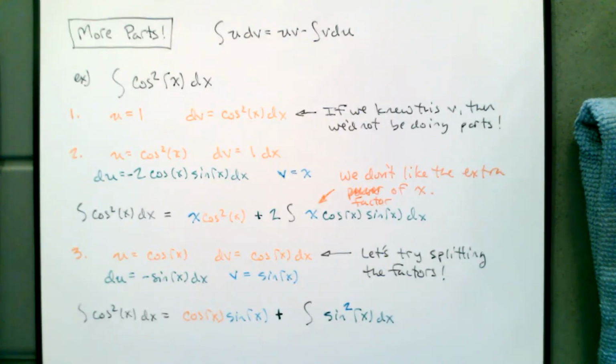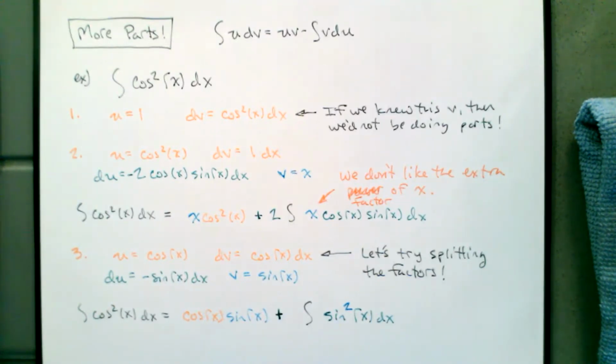We had the 2 previous attempts on cosine squared where u is equal to 1 and dv is cosine squared. That wouldn't work because we don't know the integral of cosine squared. We tried switching u as cosine squared and dv as 1, but that introduced that factor of x, and we're trying to avoid making our secondary integral more complicated than the first one.